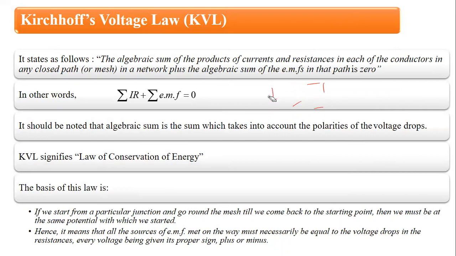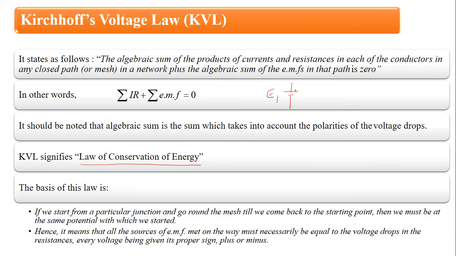Now, this Kirchhoff's voltage law is used to simplify complex electrical networks, and it signifies the law of conservation of energy. When we say that in a loop, let us consider a small circuit with one mesh.